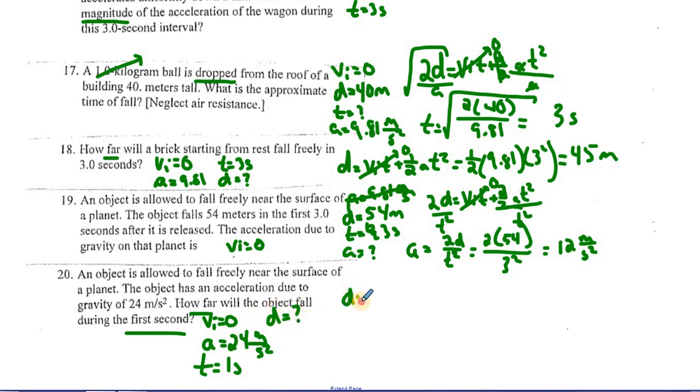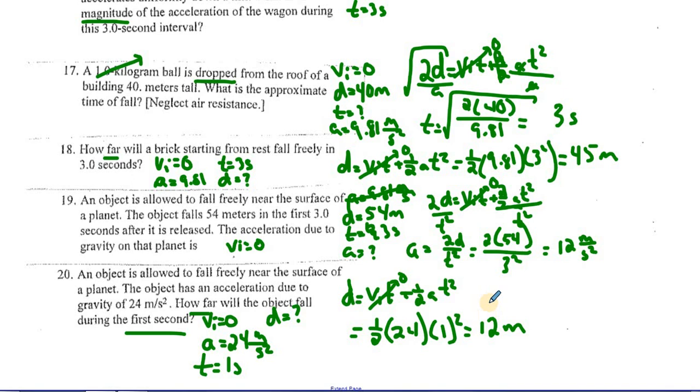Okay, so same equation we've been using, d equals vit plus 1/2 at squared. Initial velocity is 0. Plug in 1/2 times the acceleration of 24 times 1 squared, which of course is 12 meters.